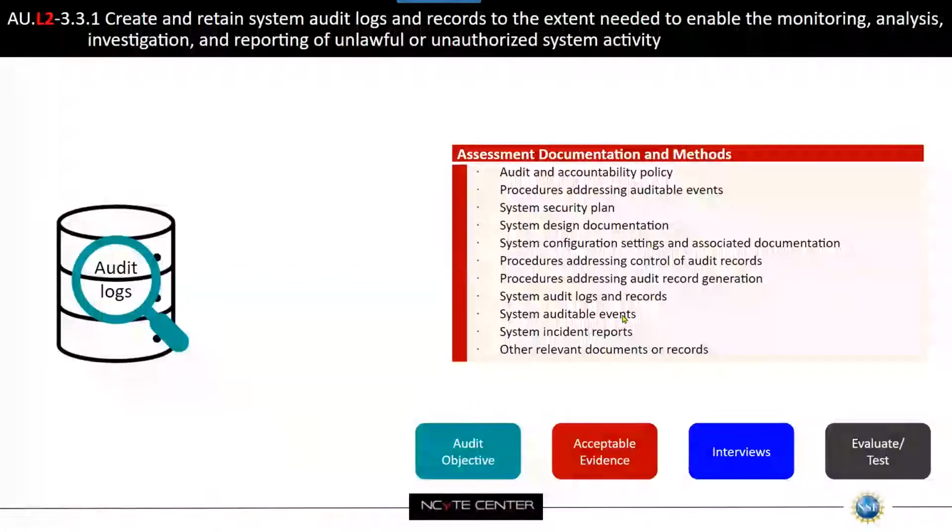We can take a sampling of it and then define whether or not what they've got will get us the information or not. We can actually look at current system incident reports and see, okay, do we have adequate visibility here? Do we have enough to cover what we're looking for? All right, and of course, as always, other documents as required fall into this category.